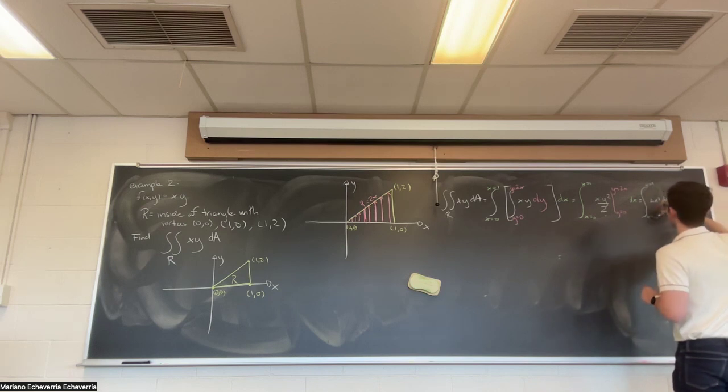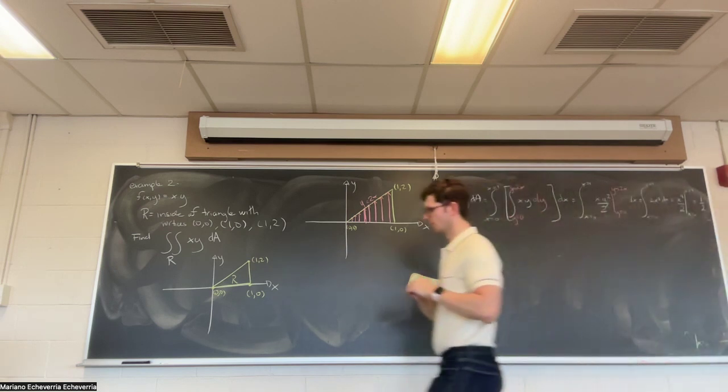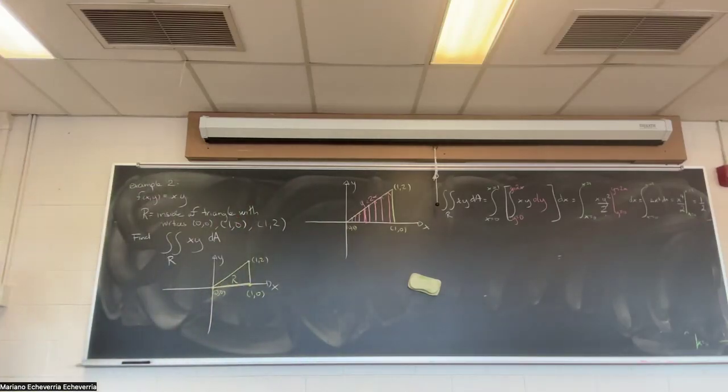And so that's just what? 2x to the fourth over 4, which is x to the fourth over 2, evaluated from 0 to 1, and then that's 0 at 0. So the answer is 1/2 in this case. Is that okay? Making sense? So far, so good. Questions about this?